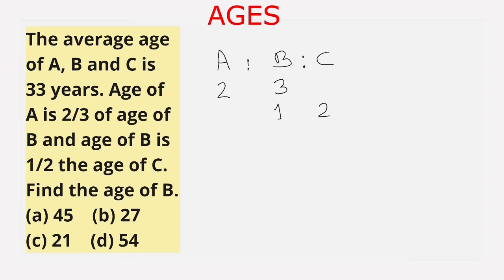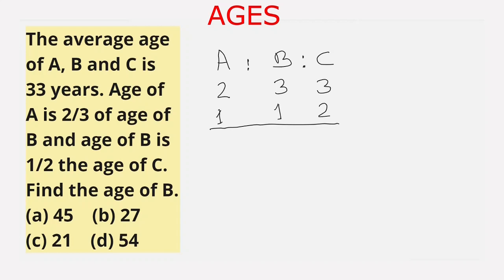Now to make the ratios equal, what do we do? We put 3 in C and 1 in A. That is, the 3 is filled below C and 1 is filled below A. This is the short trick of finding the relation between A, B and C. So we multiply the numbers.